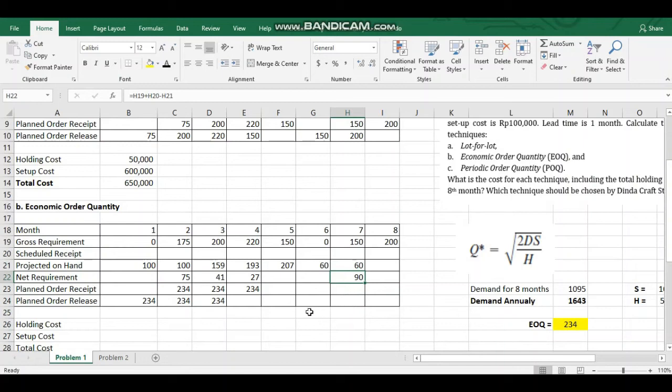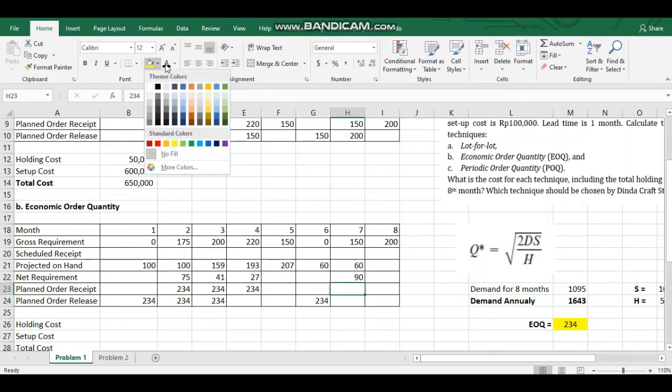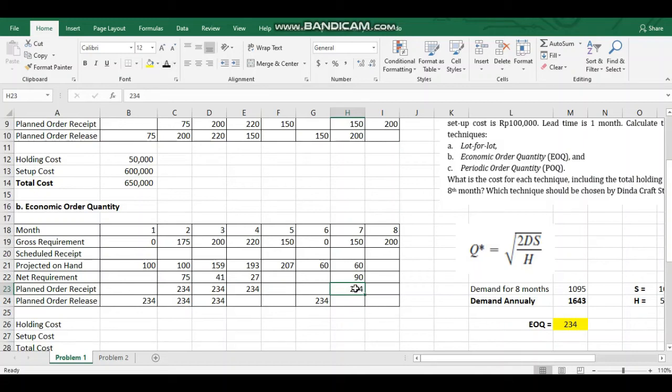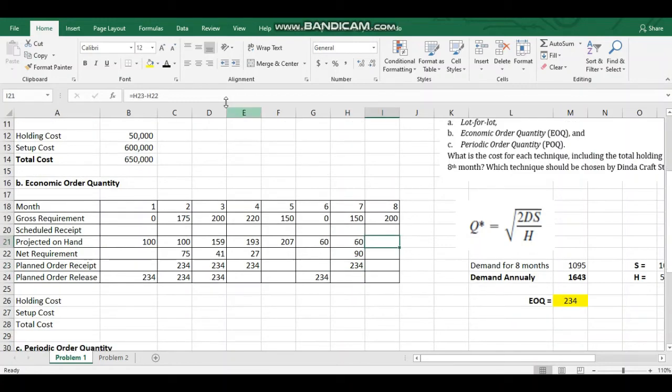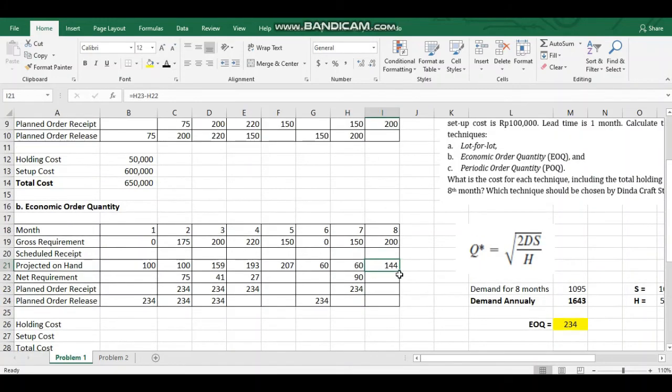And this net requirement will be fulfilled using order receipt, so we have to place the order one month before and it will be received here. So 150 units will be fulfilled using 60 from our inventory, and the remaining 90 units will be fulfilled using the planned order receipt, and the remaining planned order receipt will be our inventory and carried to the 8th month.